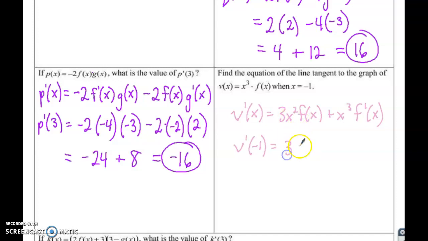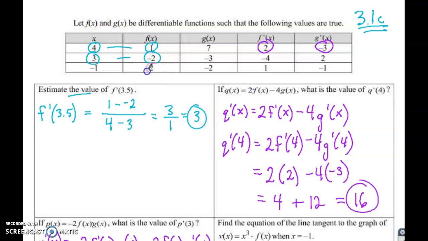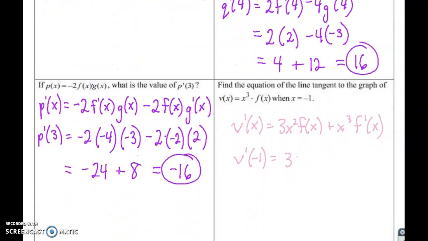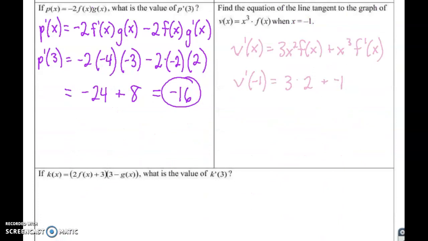Well, when you square negative 1, it's positive. F of negative 1 is this value down here, 2. So 3 times 2. And then plus negative 1 when you cube it is negative 1. And f prime of negative 1 is this value right here, 1.